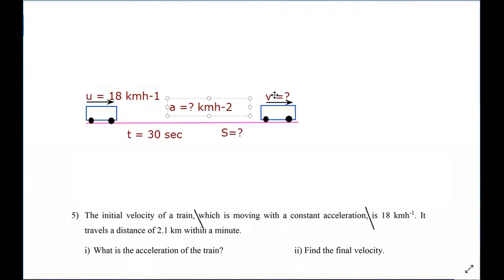Final velocity, we don't know. The time taken is given as within a minute, it means 1 minute. Displacement is given as 2.1 kilometers. So my advice is do not change the unit. Use the units as they are. Draw the figure here.